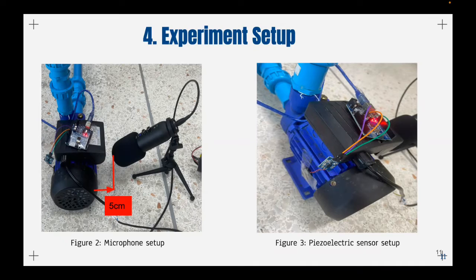The piezoelectric sensor can connect directly with an Arduino, ESP32, or Raspberry Pi to receive data. We attached a piezoelectric sensor to the pump, but finally, we mainly use the microphone sensor to obtain results for further analysis, because the piezoelectric sensor lacked accuracy and it was difficult to estimate the obtained value.